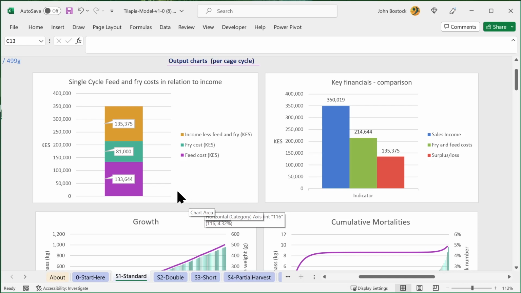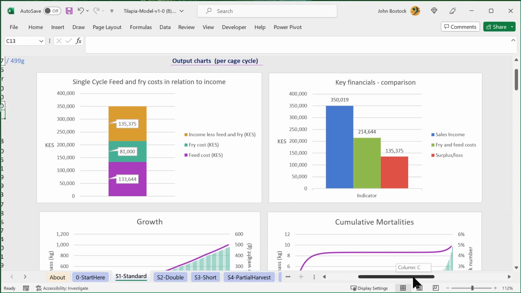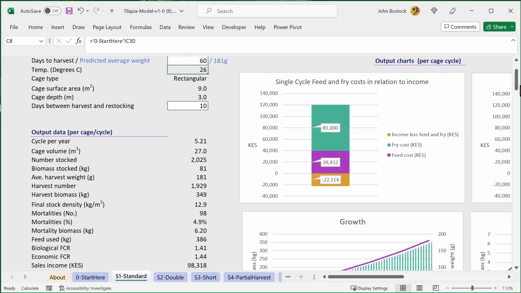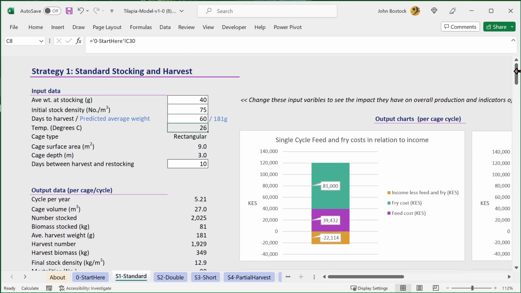If sales income exceeds the cost of feed and seed, the first chart shows the cost of fry and feed separately, with any margin above these. If the cost of fry and feed exceed the expected sales income, the operation will make a loss, and this is shown by the bar extending below the 0 line. The sales income is the sum of fry, feed and income less fry and feed.